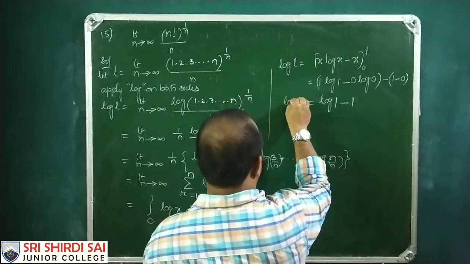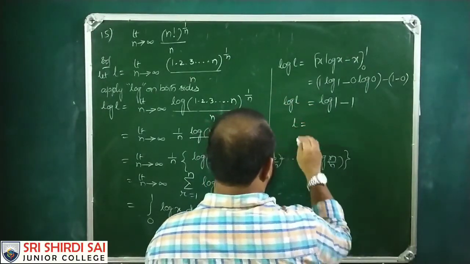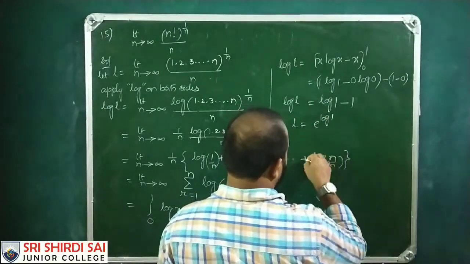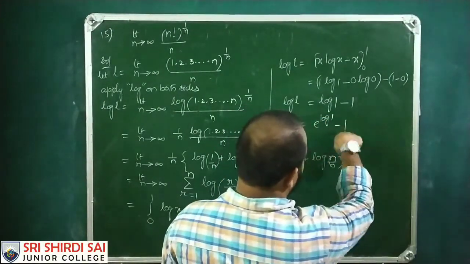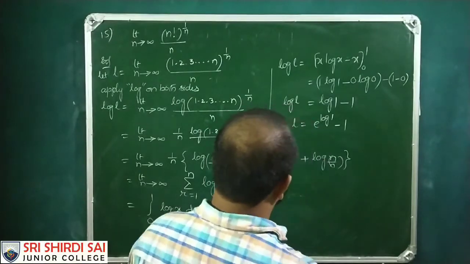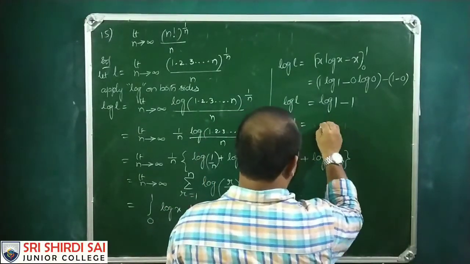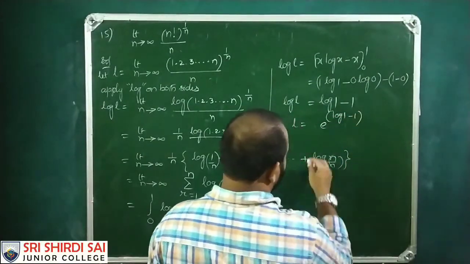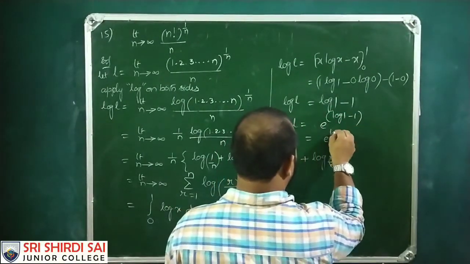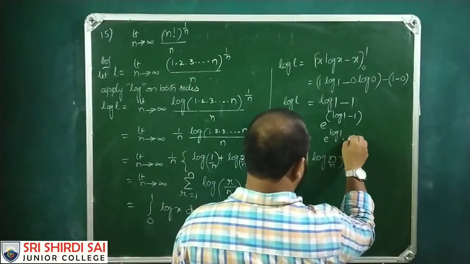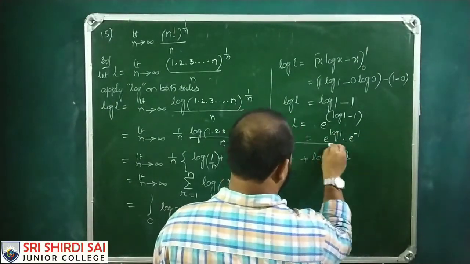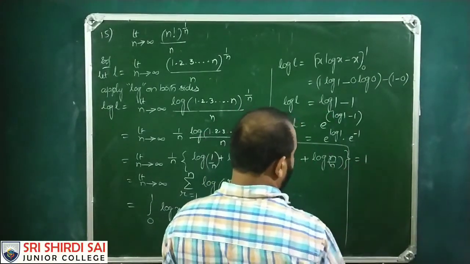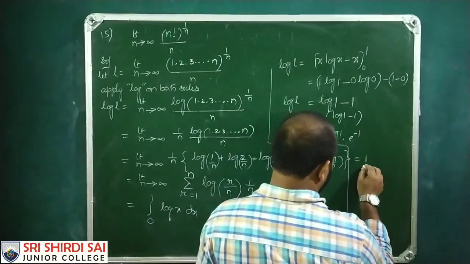So log L is equal to that, so L is equal to, if you shift to that side, e power log 1 minus 1. So this is e power log 1 into e power minus 1. This is equal to e power log 1, that means this is 1, and e power minus 1 is 1 by e.